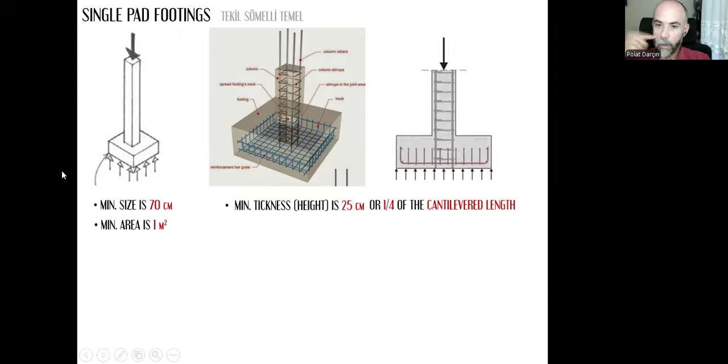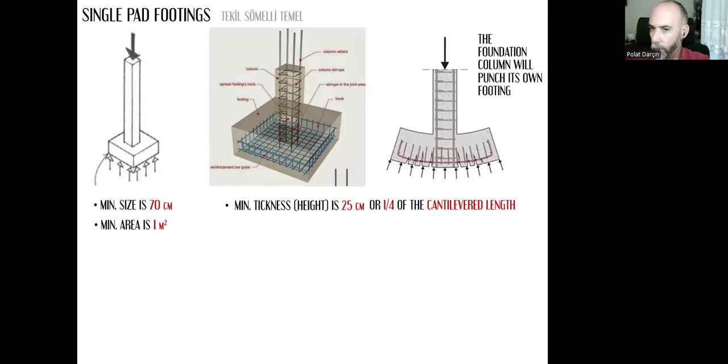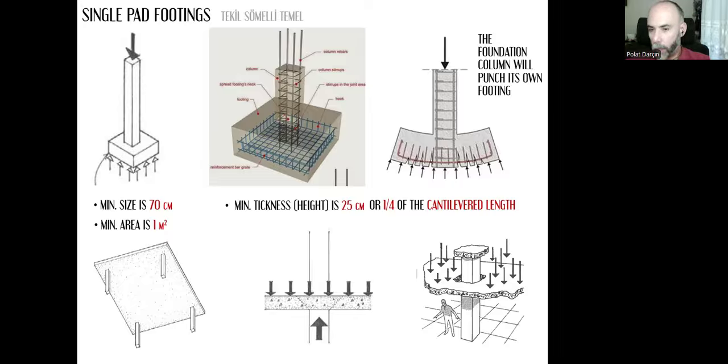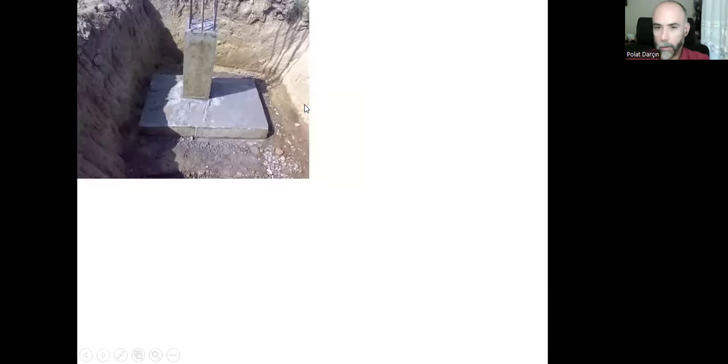It's important to provide 1/4 of the cantilevered length because if it's not thick enough, then because of the load, the column will punch through its own footing, just like floors without beams. There's this punching risk. It's the same principle. So we need to provide a minimum thickness required.